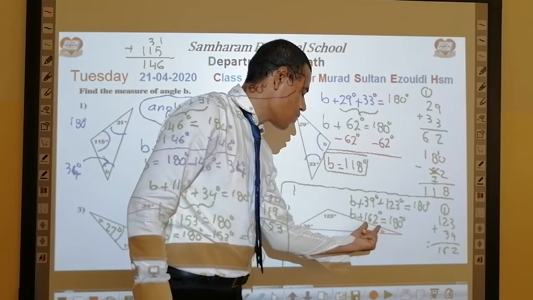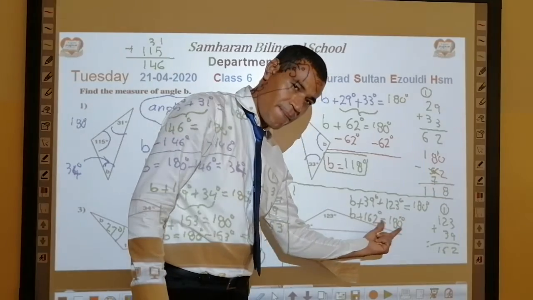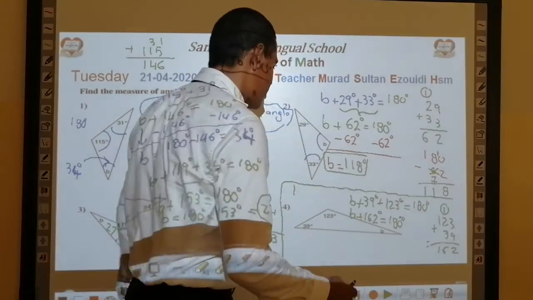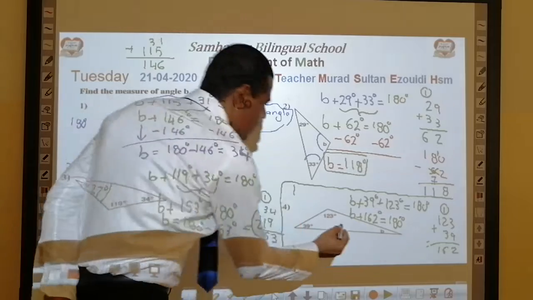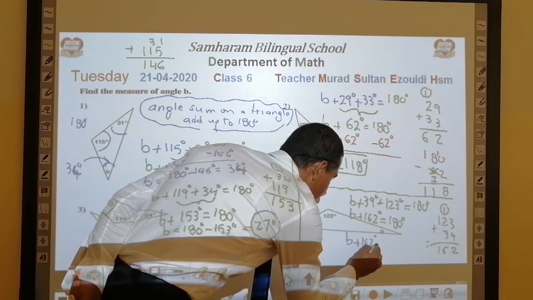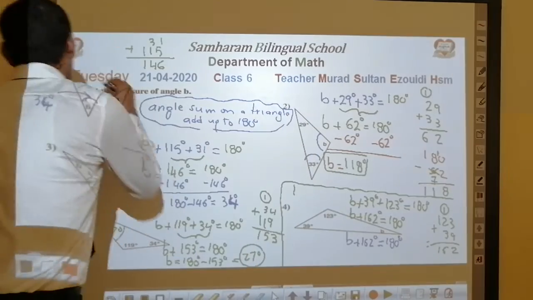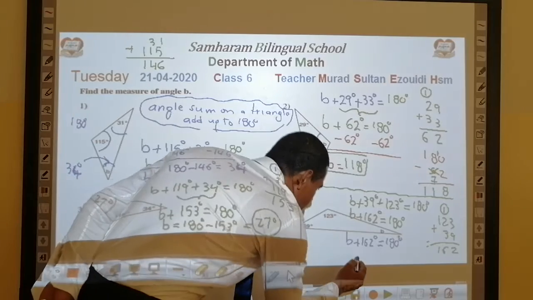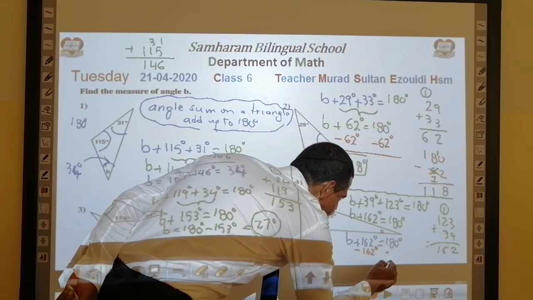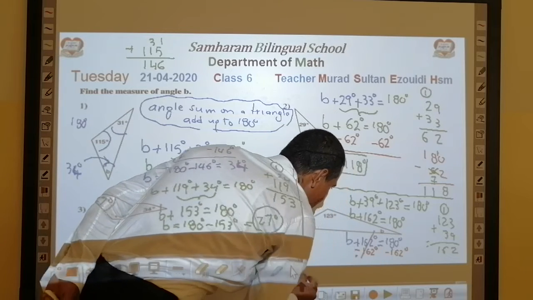So in order to transfer 162 to the right hand side, I should subtract from both sides what? Yes, I will subtract 162. Good boy. So I will just write B plus 162 degrees equal 180 degrees. I will subtract 162 here and here. So this one and this, it will cancel out.